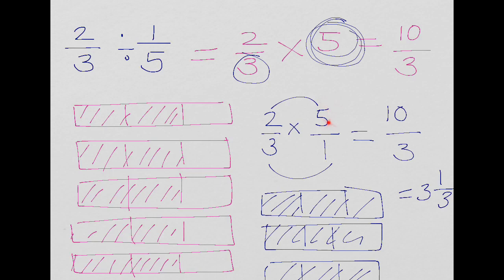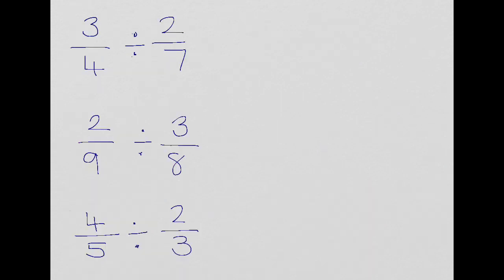So 5 over 1. So 2 multiplied by 5 is 10, 3 multiplied by 1 is 3, is 10 thirds, which is 3 and 1/3 as a mixed number. So let's do some more.